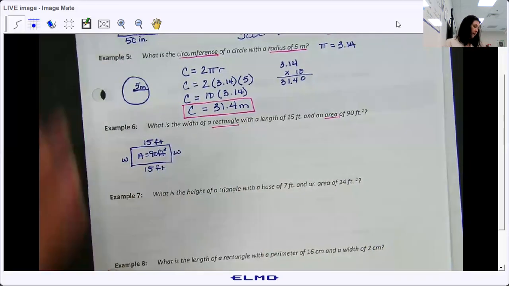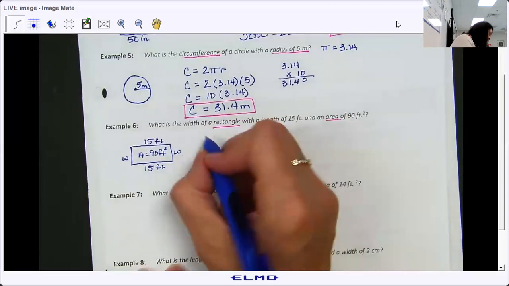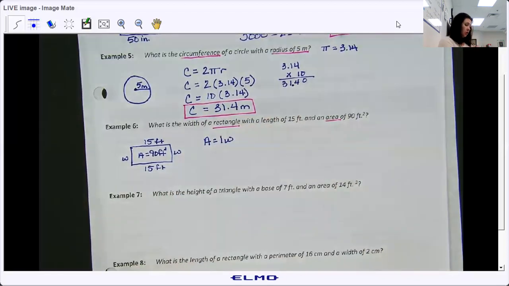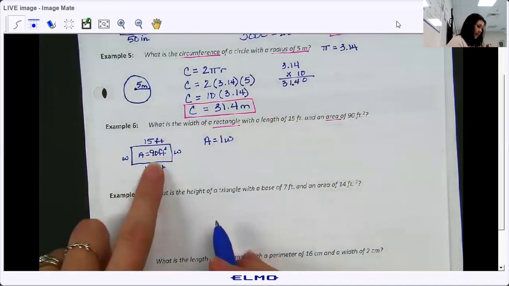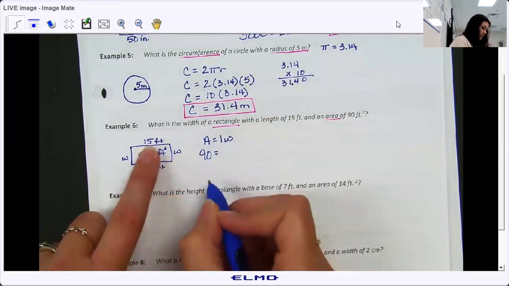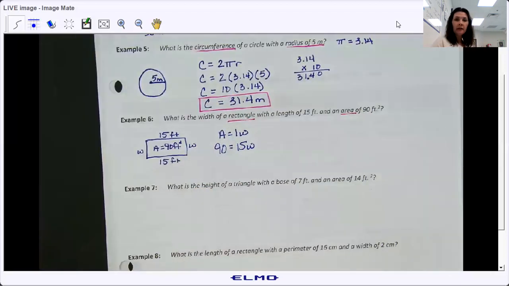Okay. So I need to know what the formula is for the area of a rectangle. And I know that the area of a rectangle is length times width. So I'm going to plug in what they give me. They tell me that the area is 90. They tell me that the length is 15. Now all I have to do is find the width, and I've just created a one-step equation.